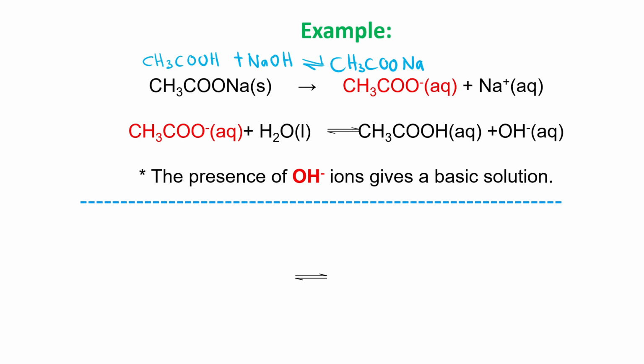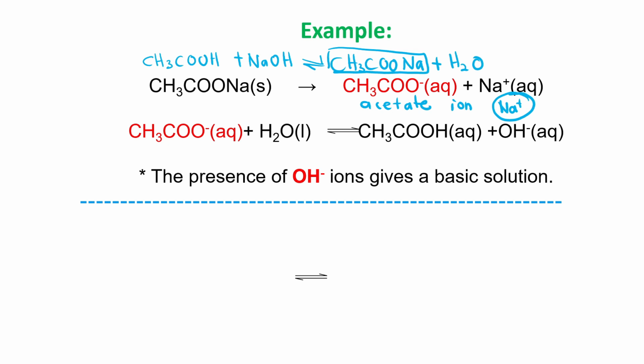OH akan combine dengan hydrogen dan dia akan produce H2O. Kita ambil garam di sini. This salt dia akan dissociate kepada acetate ion, kita akan dapat sodium dan juga acetate.